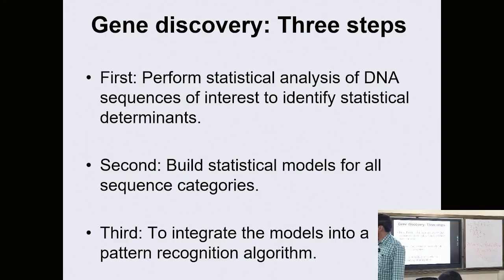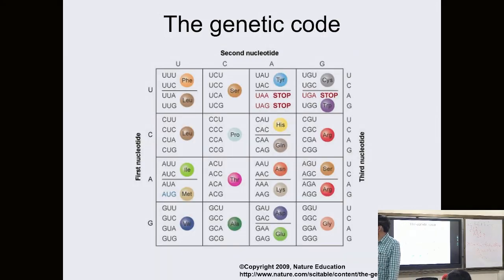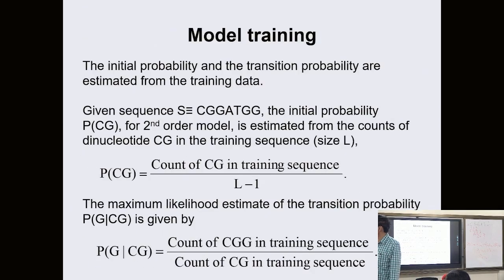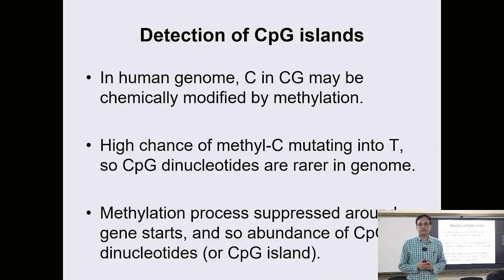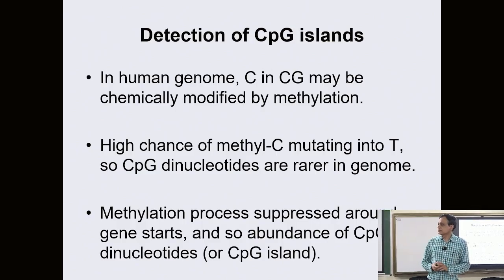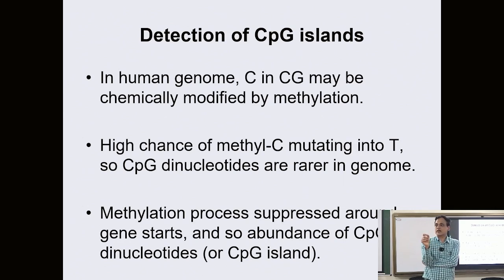Okay, so we will come to this in a moment, but I would like you to appreciate the power of modeling in prediction. There is a problem in biology called the CpG island prediction problem. In the human genome, C in the dinucleotide CG can be chemically modified by methylation. You understand methylation?